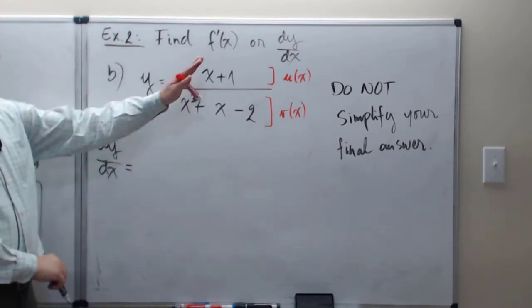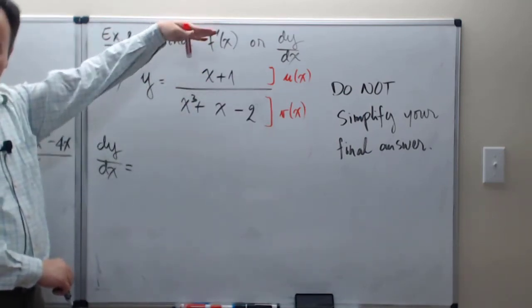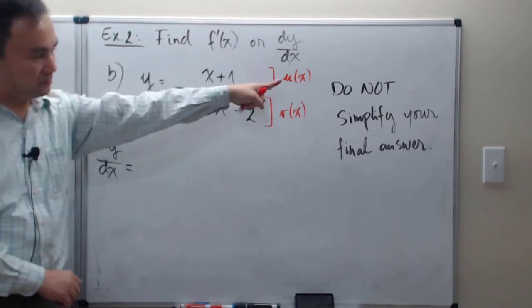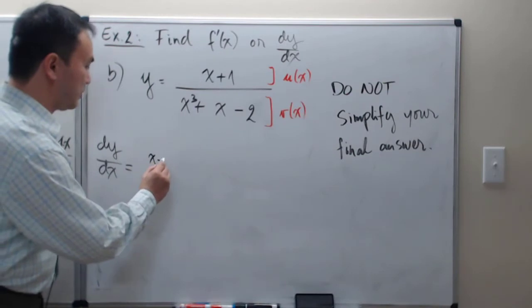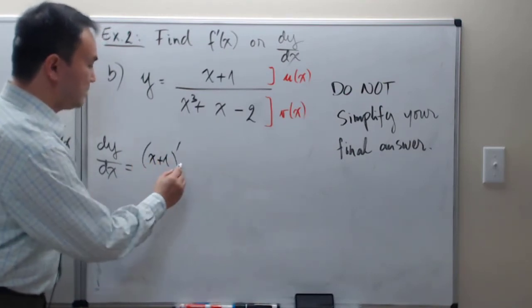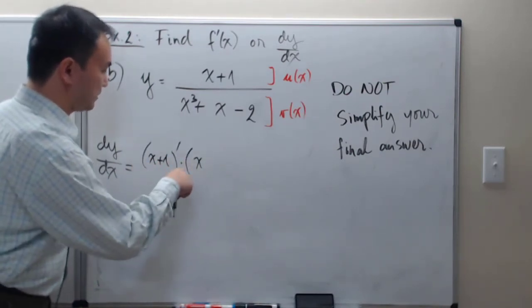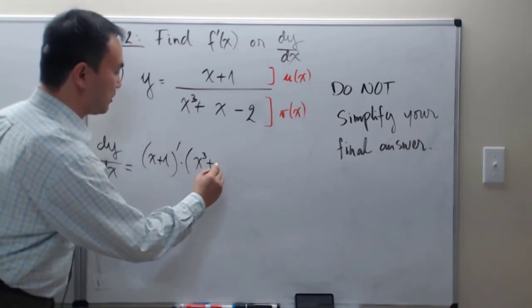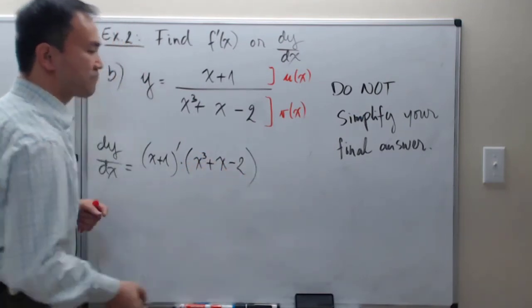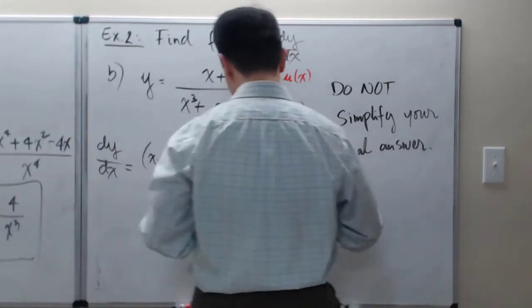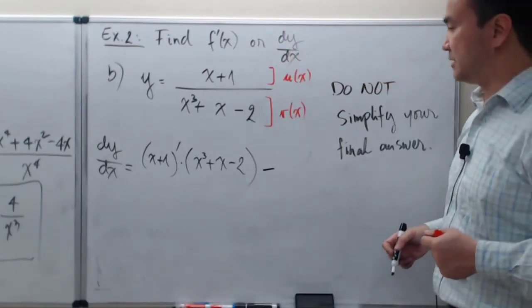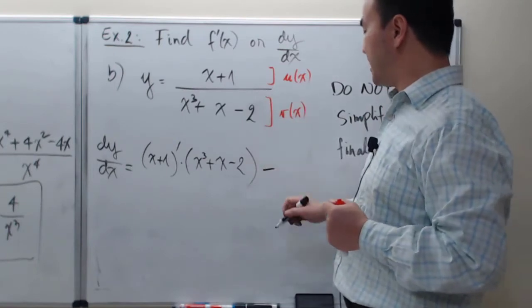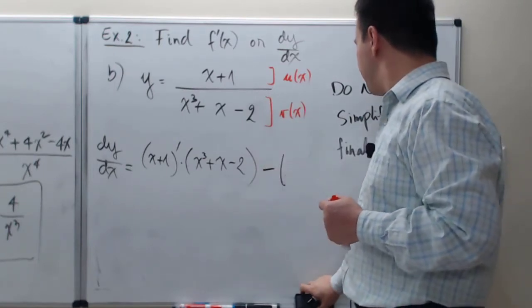With this quotient, the one on top is u, x plus 1, so we go u prime, x plus 1 prime, times v, meaning in product with x cubed plus x minus 2. Okay, and then minus, or subtract. The quotient rule says minus.